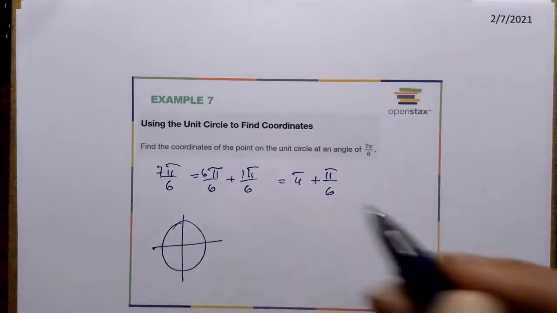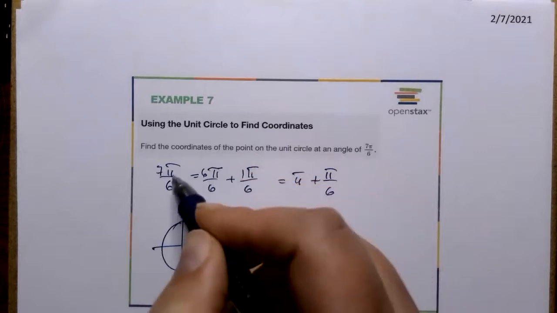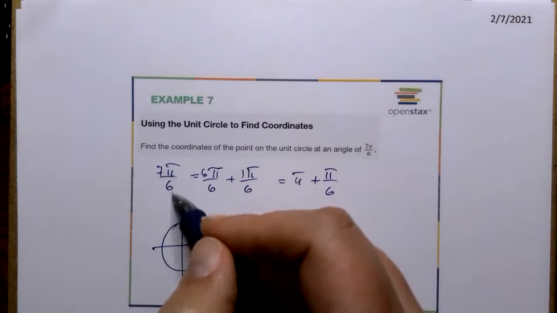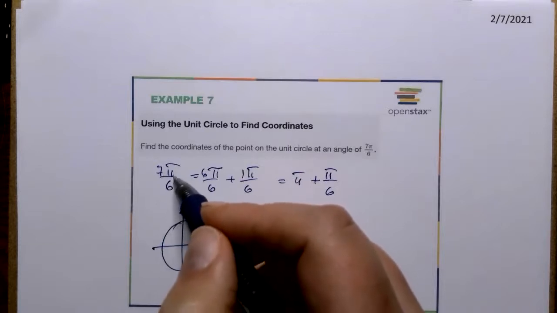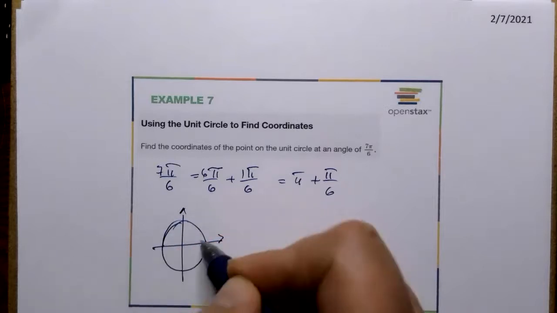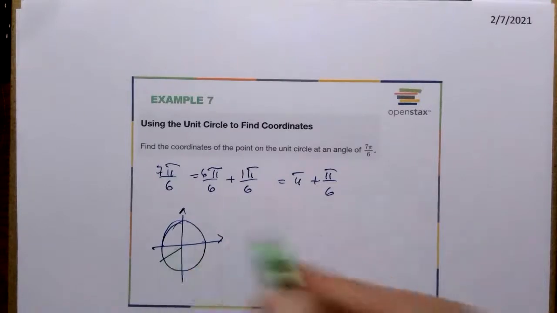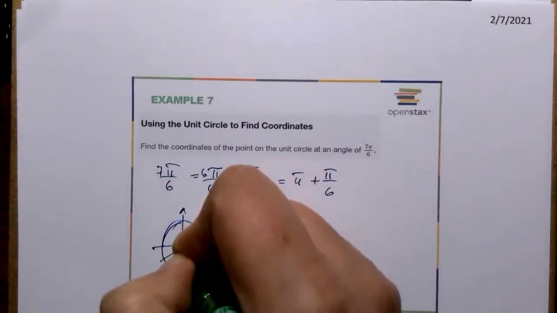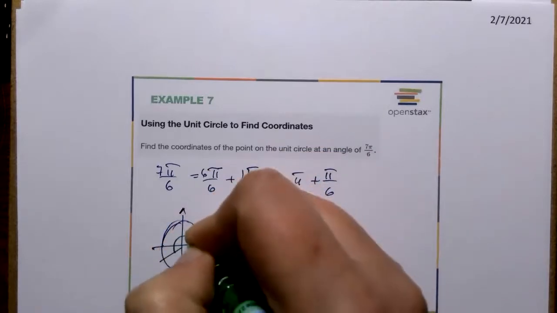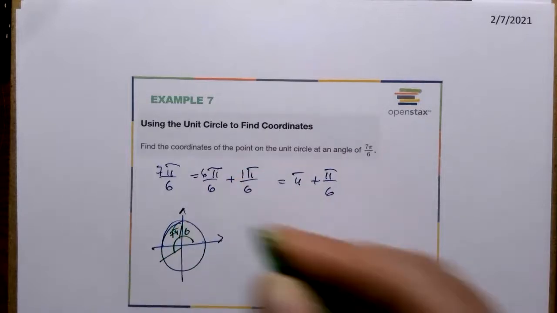So looking at the unit circle, you could just eyeball it too, just looking at 7 pi over 6, it's a little more than pi. So it's pi over 6 more. Okay, so this angle right here is 7 pi over 6.